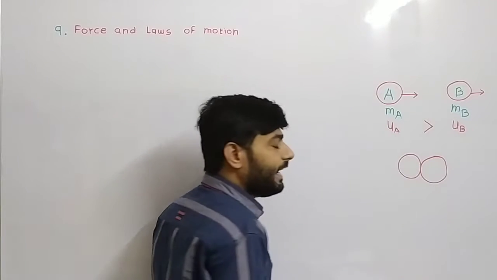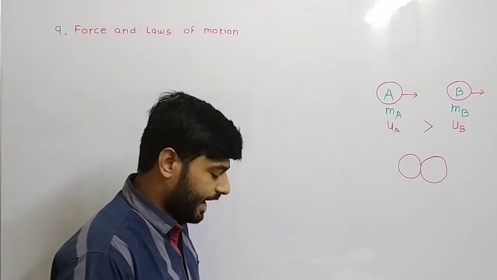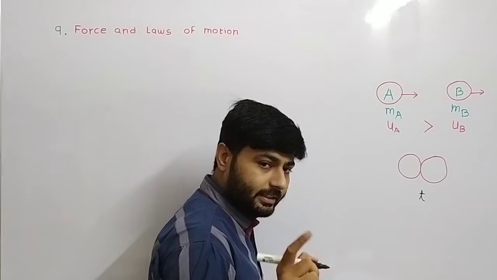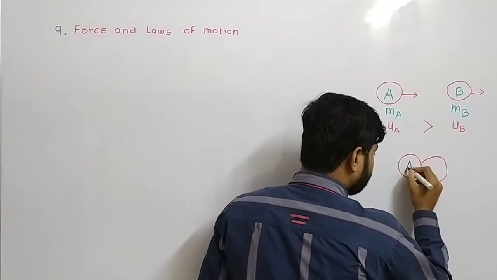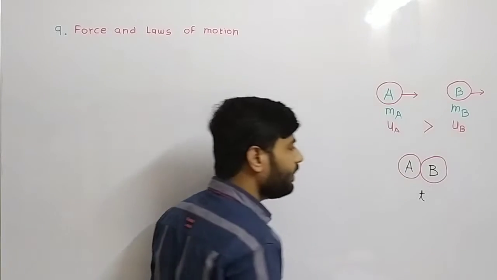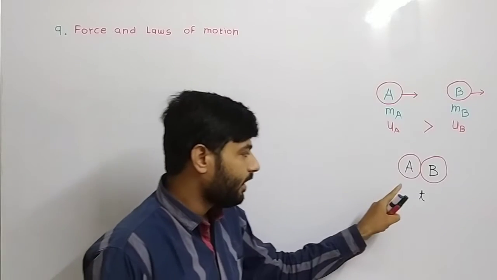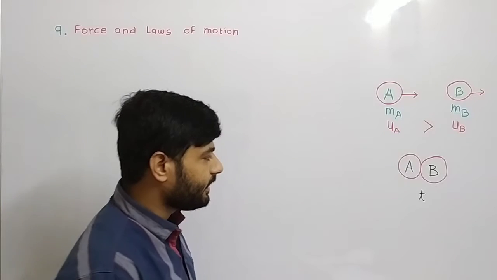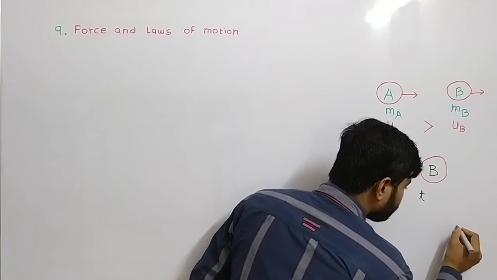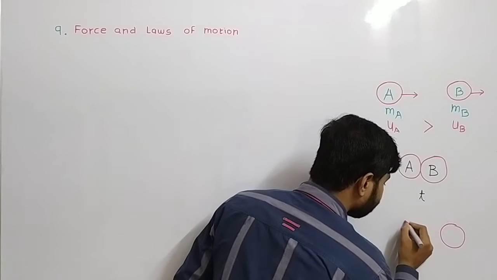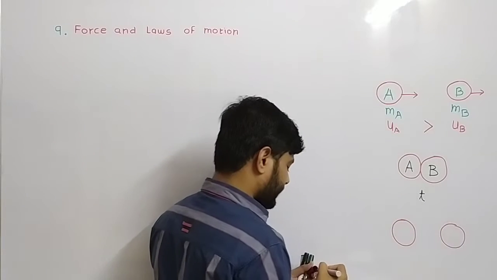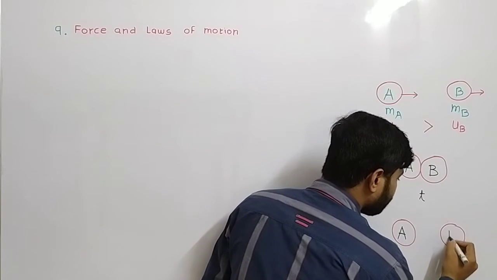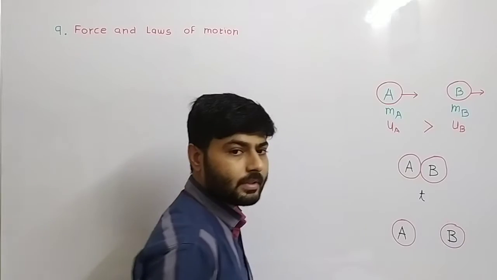Let's say this collision time is t. This is ball A, this is ball B. This is when collision happened. After that, this ball moves something like this. This is our ball A and this is ball B.